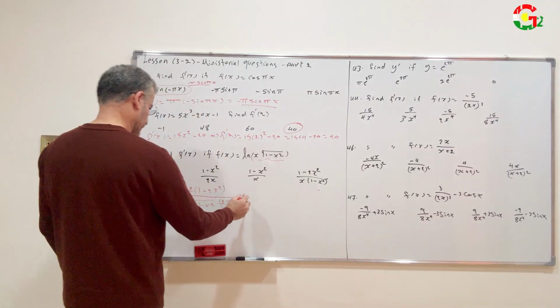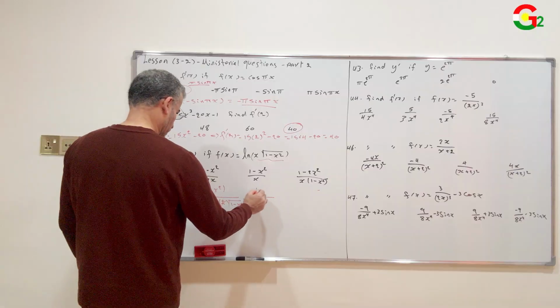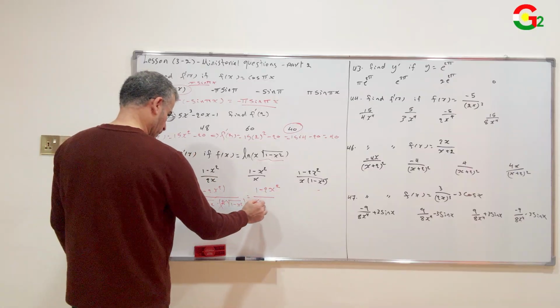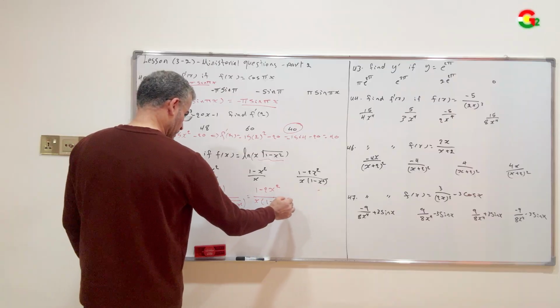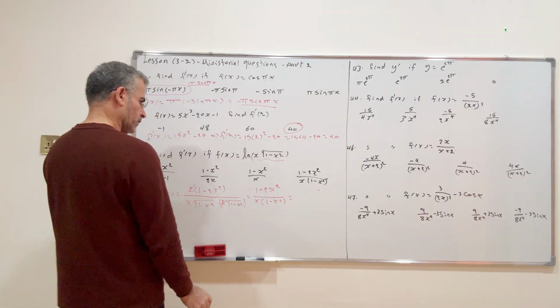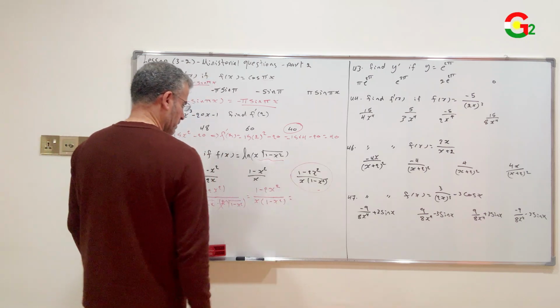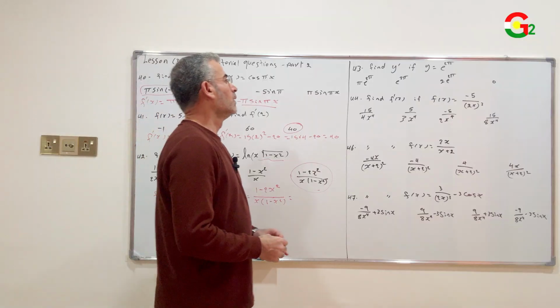Equal to, reduce 2 with 2, 1 minus 2x square, multiply root with root, 1 minus x square times x, equal to, or leave it as it is. The right choice is D.